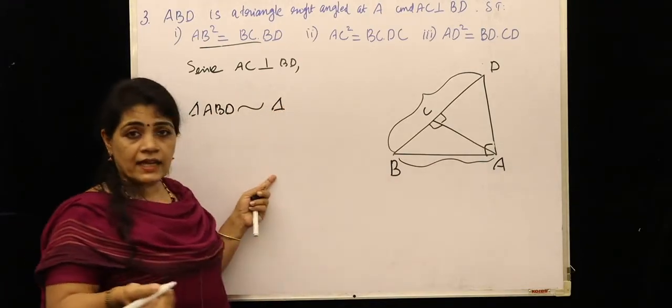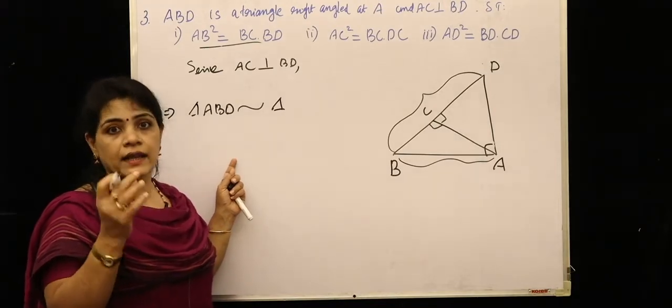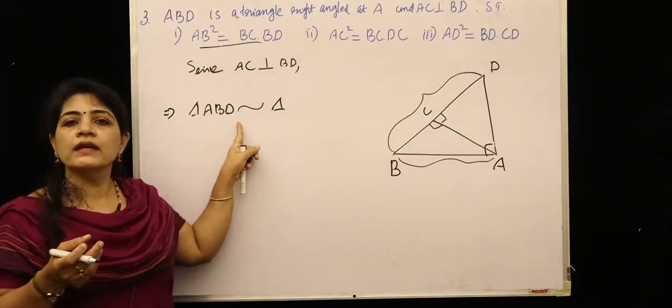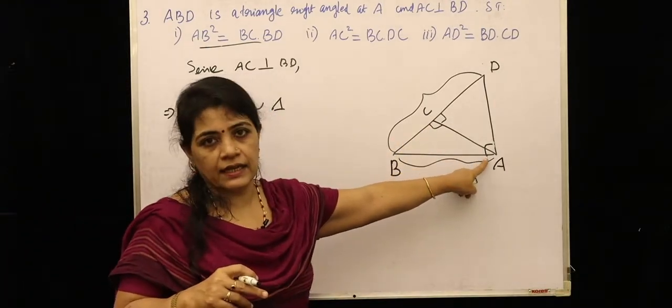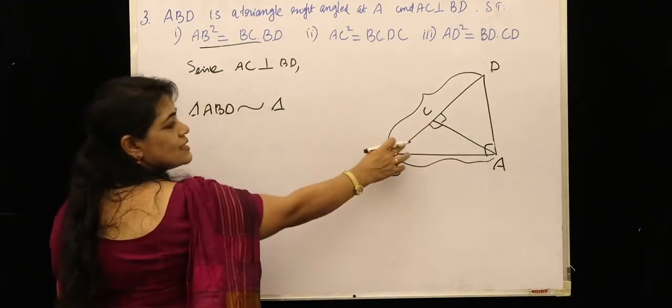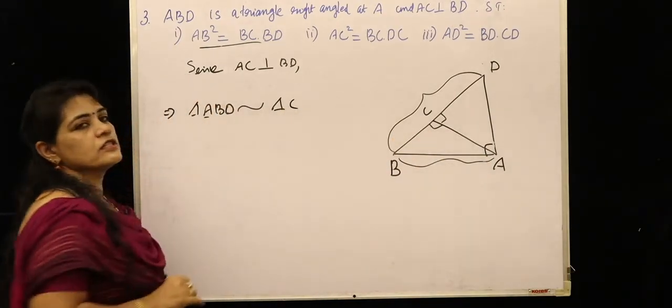When you are writing the second part, this should be in correct symbolic form. The angles should be placed in the correct position. In triangle ABD, angle A is 90 degrees, and in this triangle, angle C is 90 degrees. So C should come in the first position.